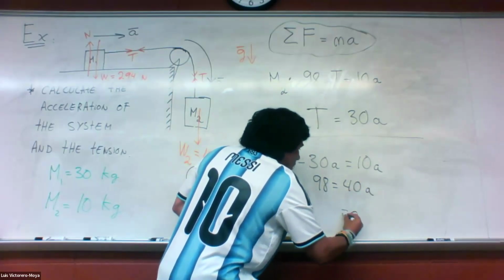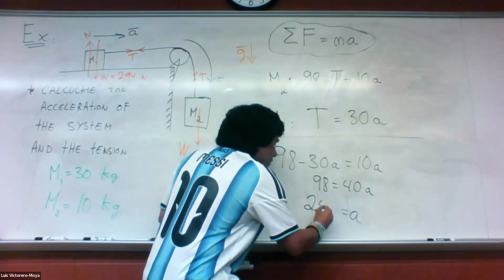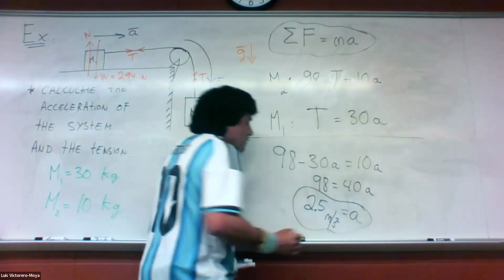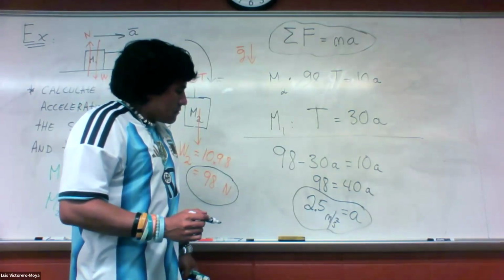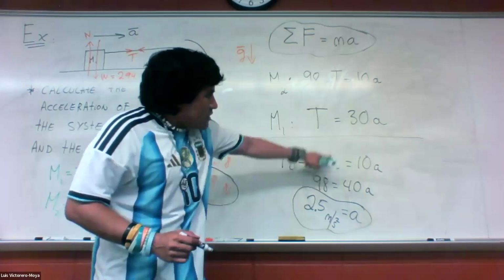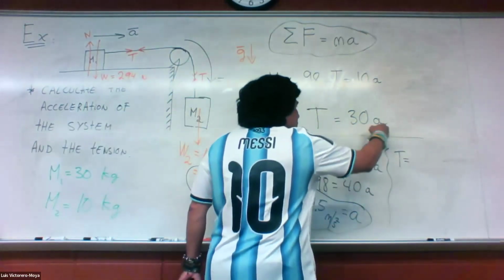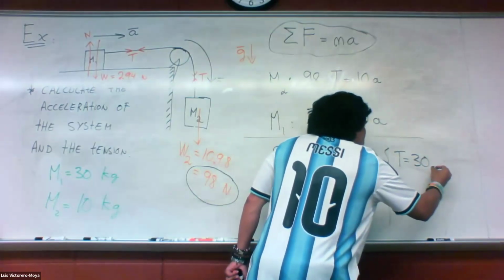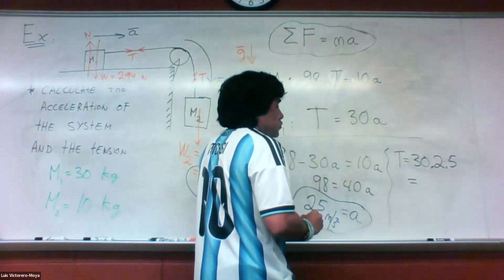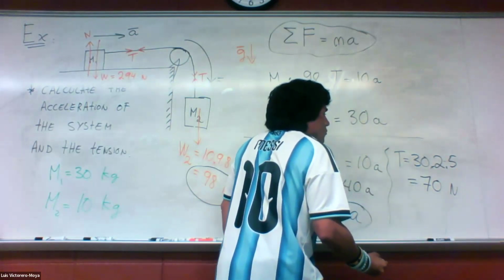So the acceleration is 2.45, about 2.5 meters per second squared. And if that's the acceleration, I can find the tension. Tension is 30 times 2.5, that's 70 newtons.